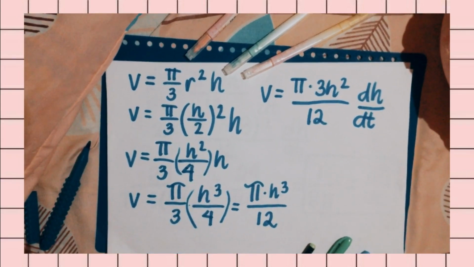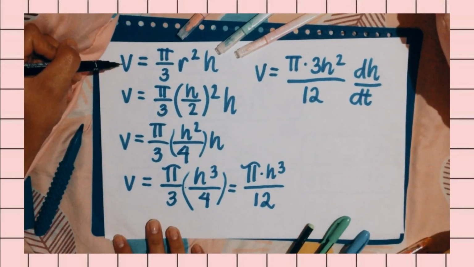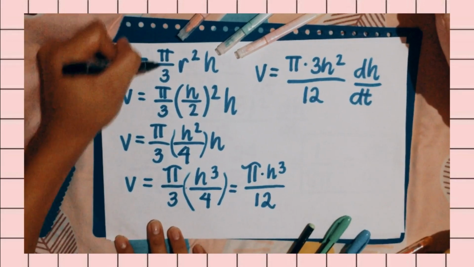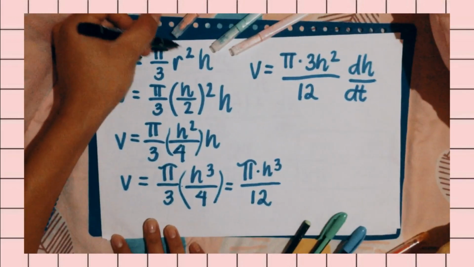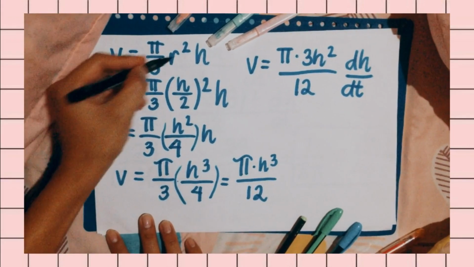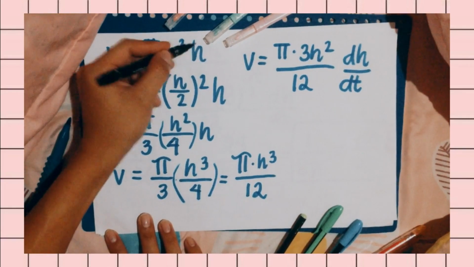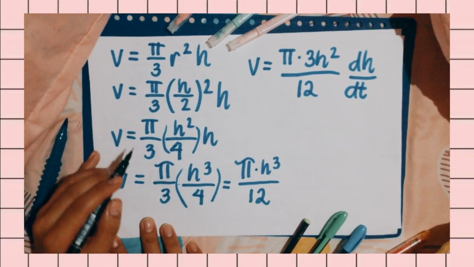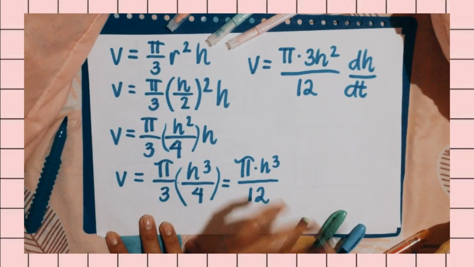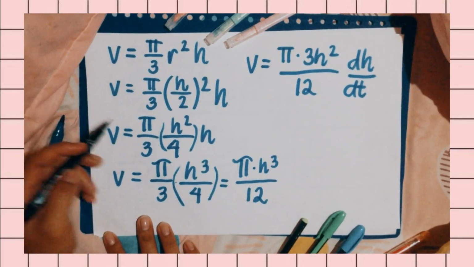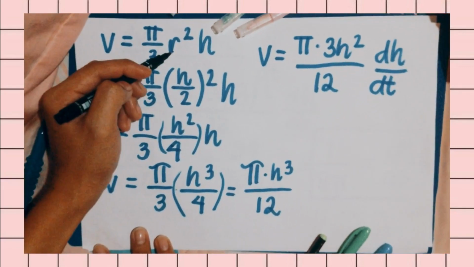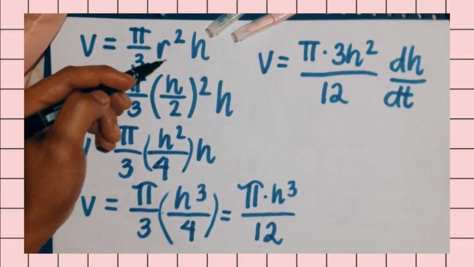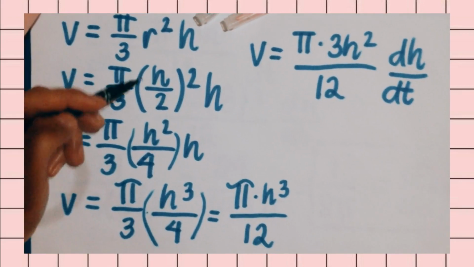So this is the solution. The formula for the cone is volume equals pi over 3 times r squared times h, where r is the radius and h is the height. Let us now substitute the given values into the formula. Volume is equal to pi over 3, then substitute the radius, because the radius is equal to h over 2.